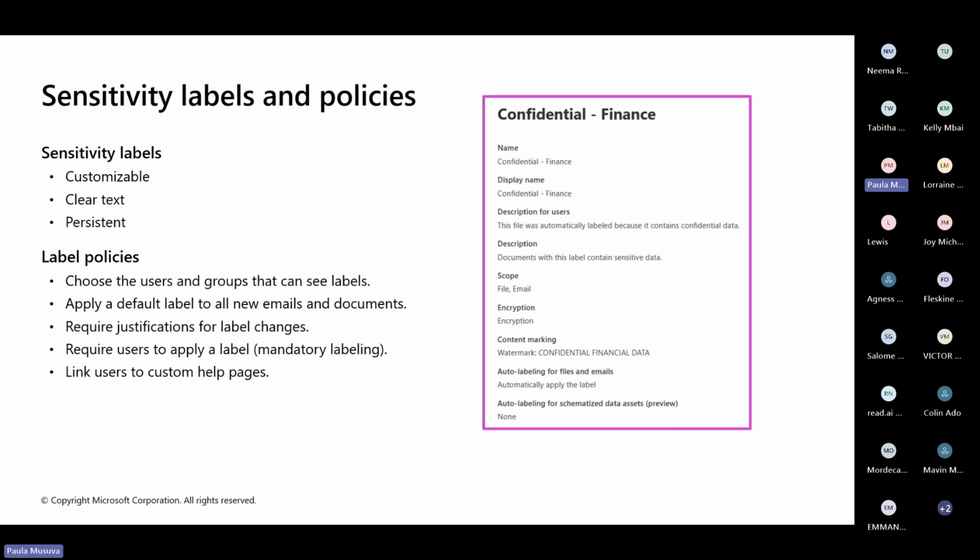Also, the capability to protect data can be extended to sites and groups. It can also be extended to third-party applications and services using Microsoft's Information Protection SDK, so you can build this into applications development.